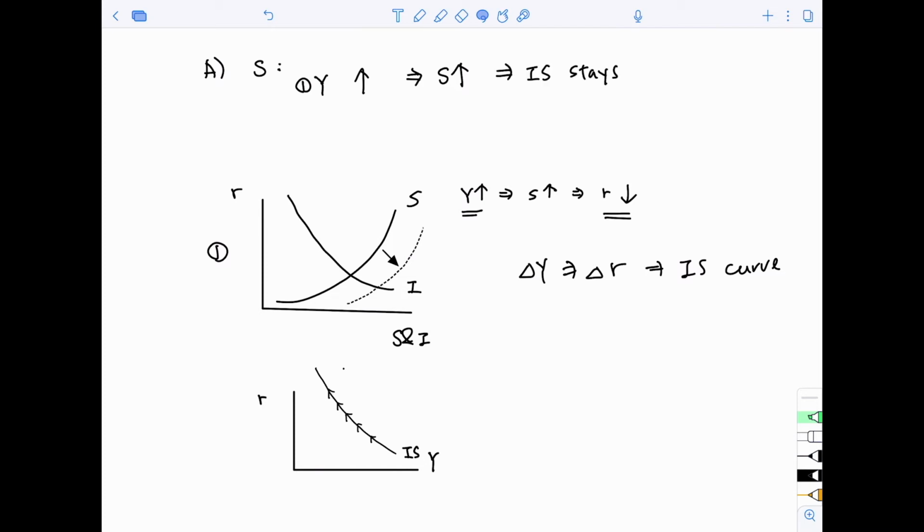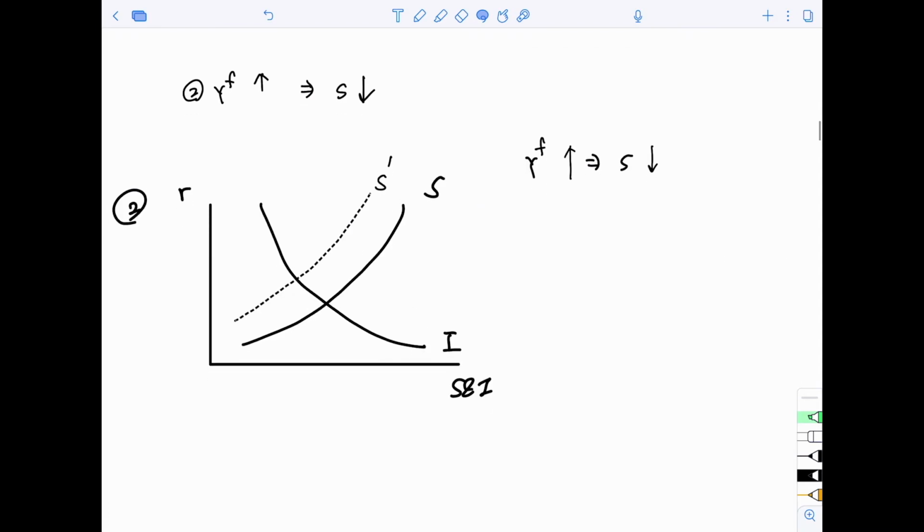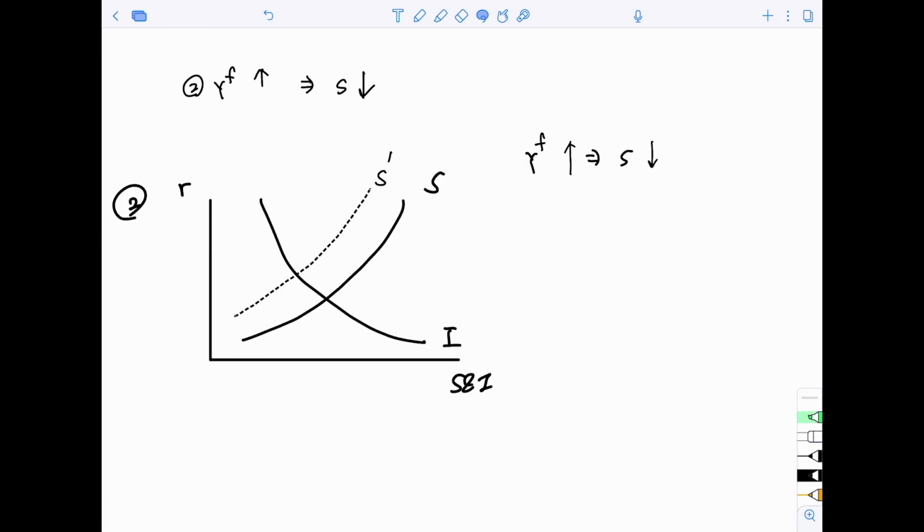Therefore, we say for the first scenario, when the current income increases, even though it changes the goods market equilibrium, the IS curve doesn't shift at all because that is how we derive the IS curve. So now we want to look at the second scenario, which is associated with an increase in the future income. When the future income increases, it causes a fall in the savings.